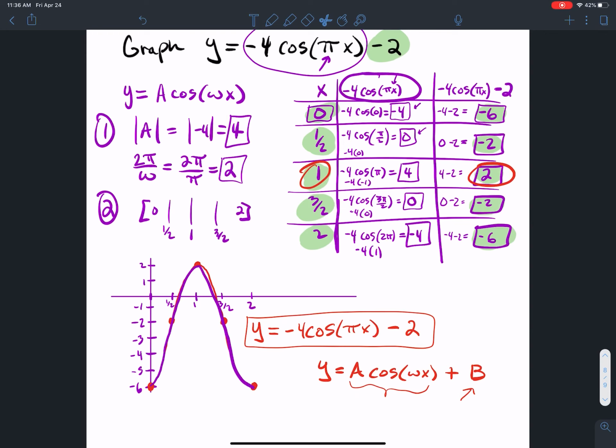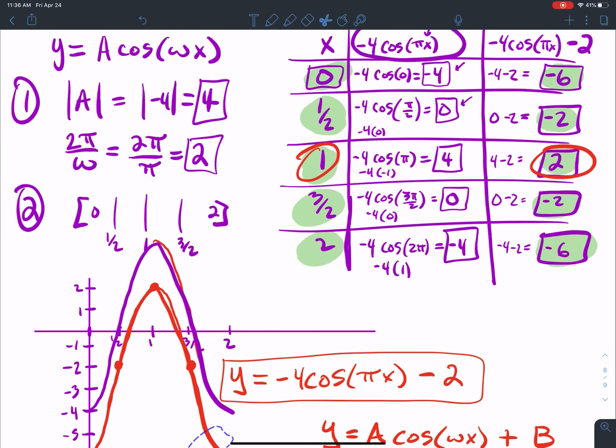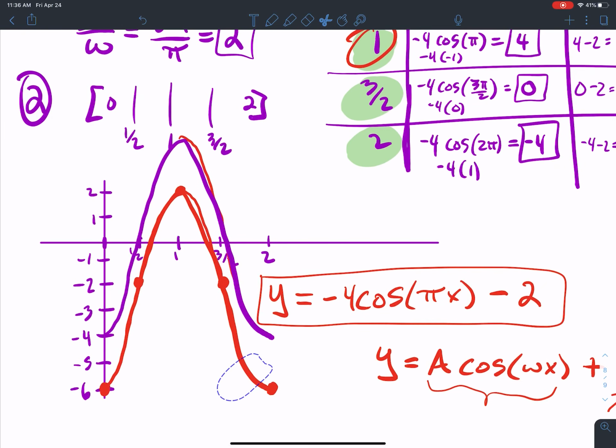Well, had we graphed that without that shift, it would have looked like this here. Instead of passing through those critical points, it would have been shifted up a little bit.